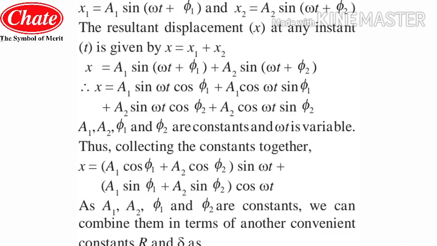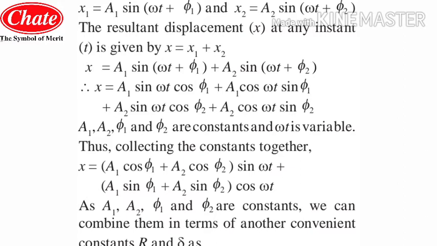Now students, we will expand with the help of the trigonometric formulae. The sine of omega t plus phi 1 expands as a1 sine of omega t into cos of phi 1 plus a1 cos of omega t into sine of phi 1. We have used the trigonometric formula sine of a plus b, which is sine a cos b plus cos a sine b.